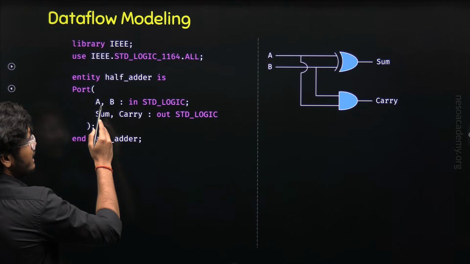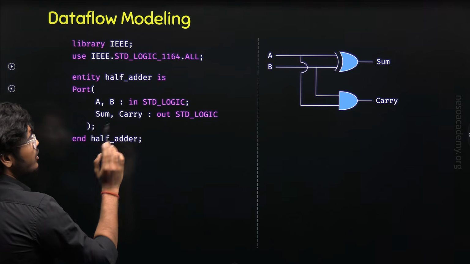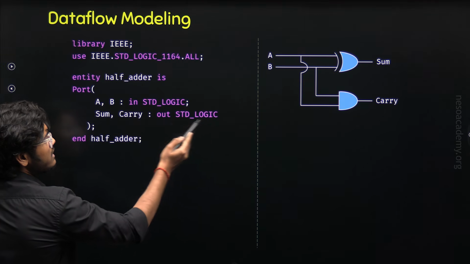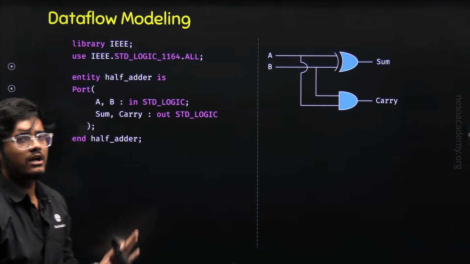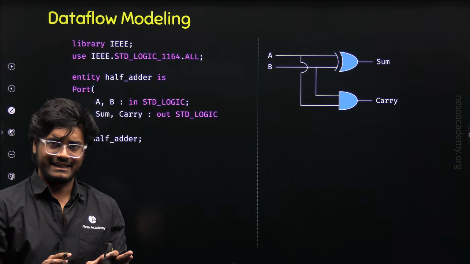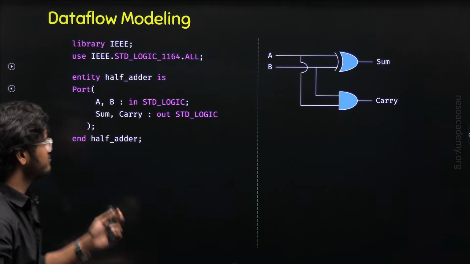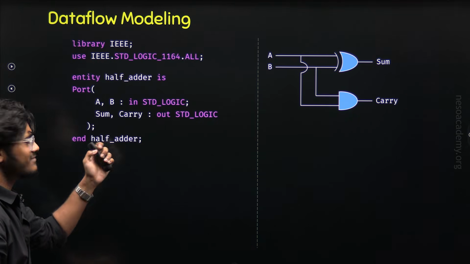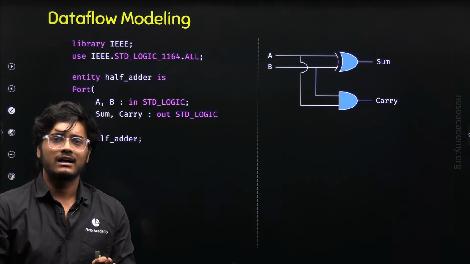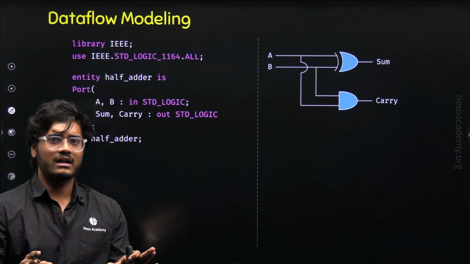Now we are done with the inputs and outputs, and both are of standard logic data type. After port declaration, we can simply end this entity using the keyword end and the name of the entity, half_adder. Now, entity declaration is complete.